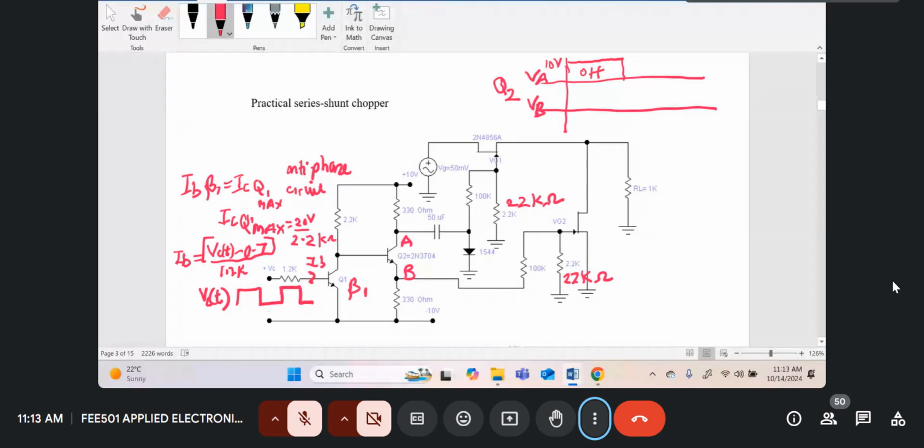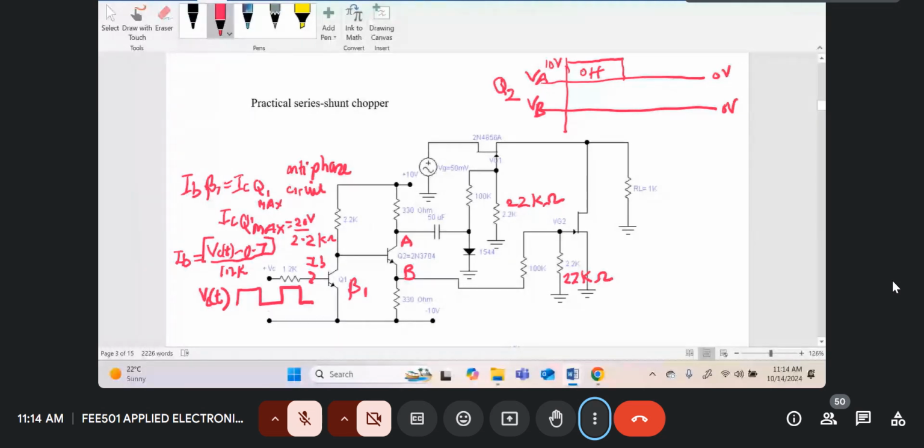And the voltage at B, so this is a 0 volt reference. Remember, Q2 is acting as a switch. So when Q2 is off, it's like point A and point B are separated from one another.